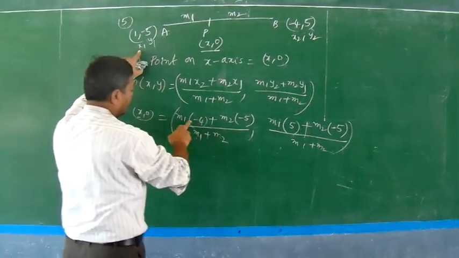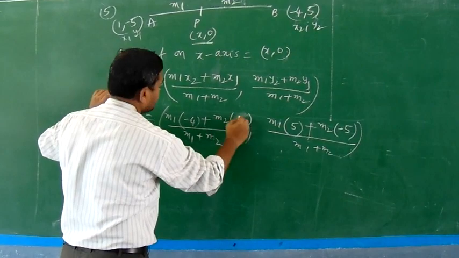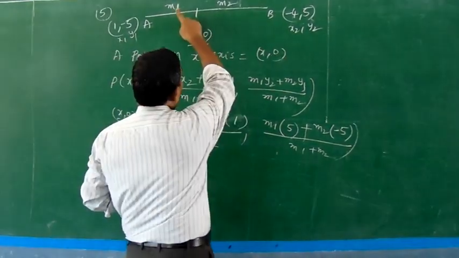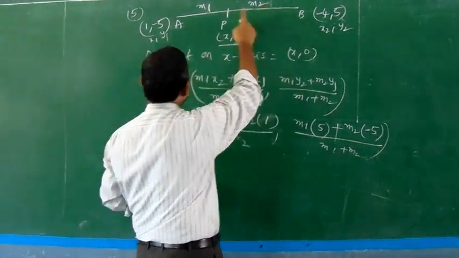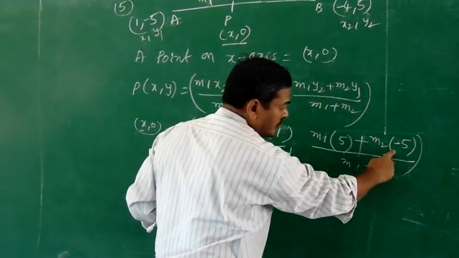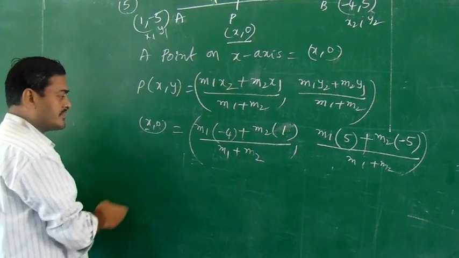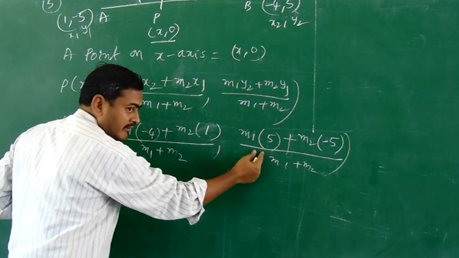So here x comma 0 is there, so we can compare x value to x value and y value to y value.